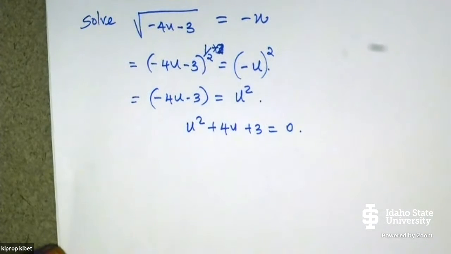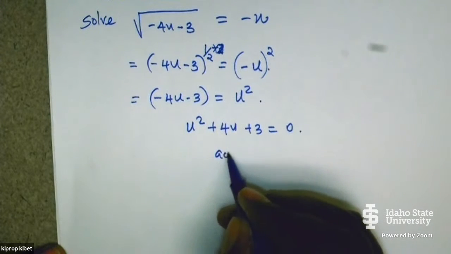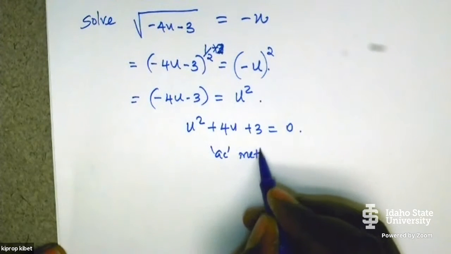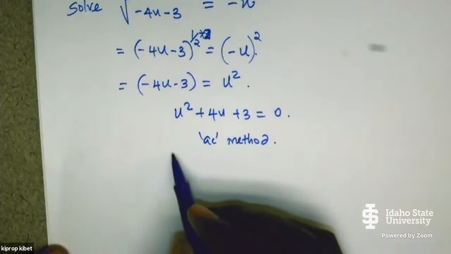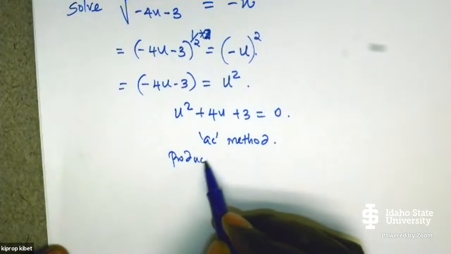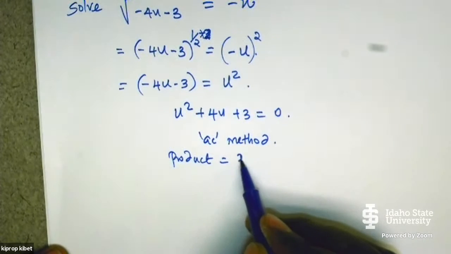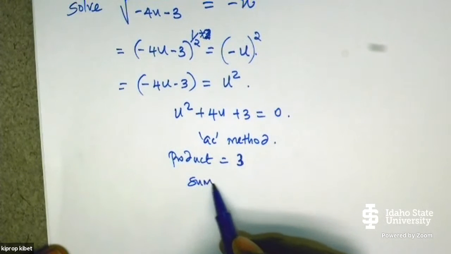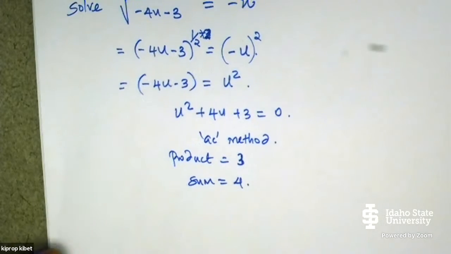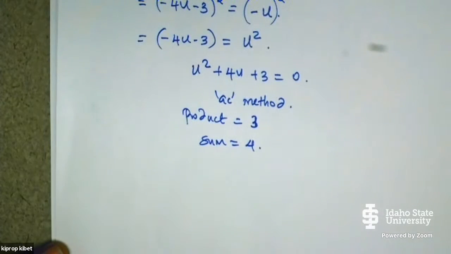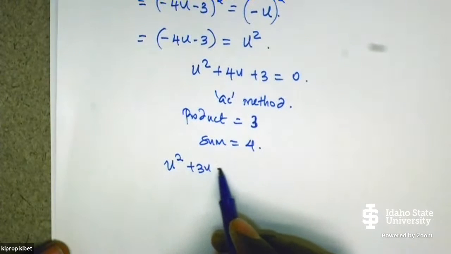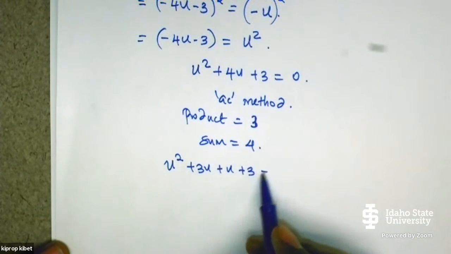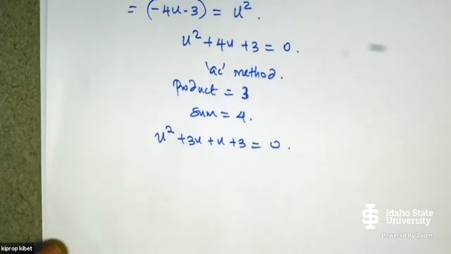Since this is not a perfect square, we look for two numbers whose product is 3 and whose sum is 4.